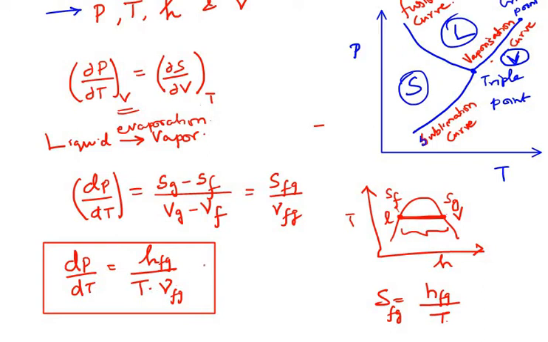This equation is called the Clausius Clapeyron or Clapeyron equation for the evaporation of liquids.